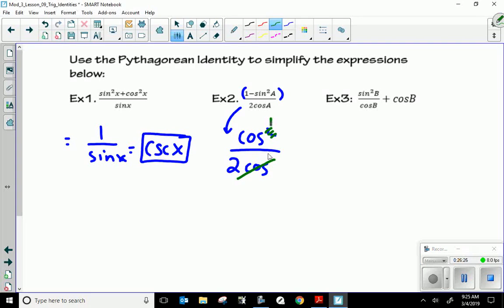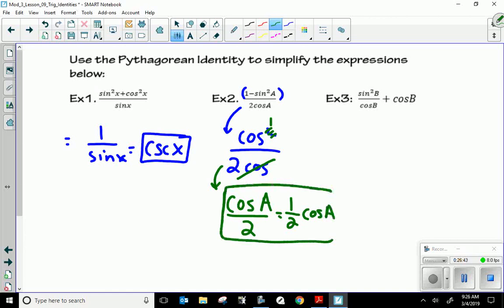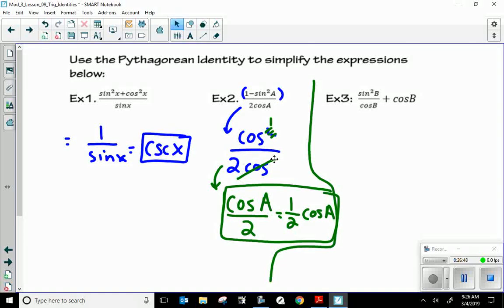So what I'm left with is cosine of a over 2. That cannot be simplified anymore. If you want to rewrite that, I can write 1/2 cosine of a. Either way would be fine.